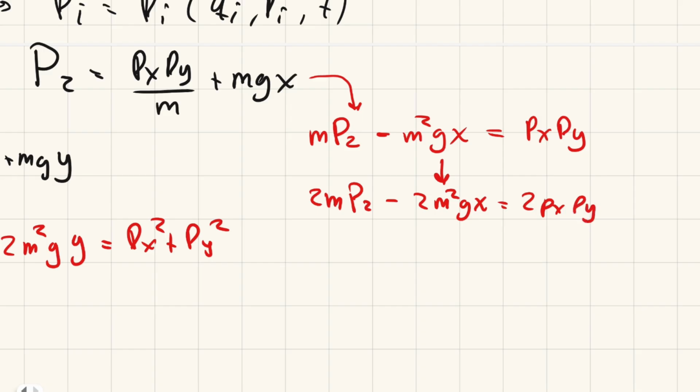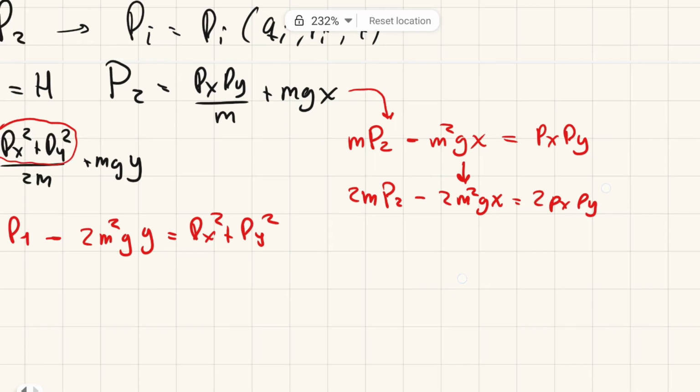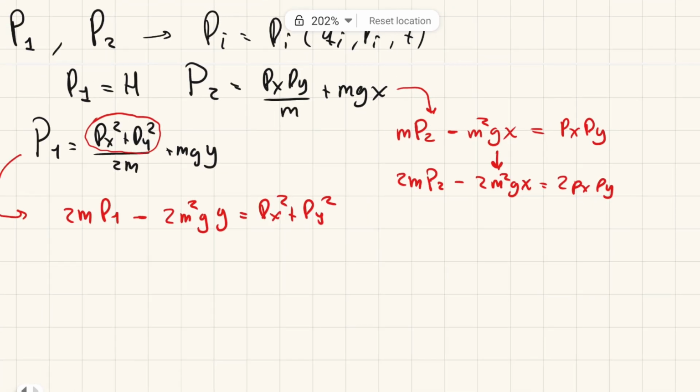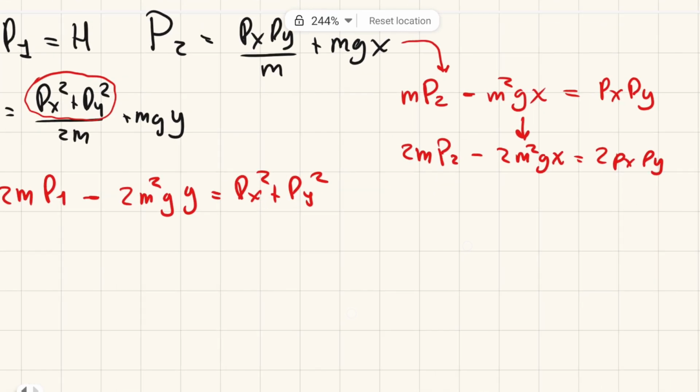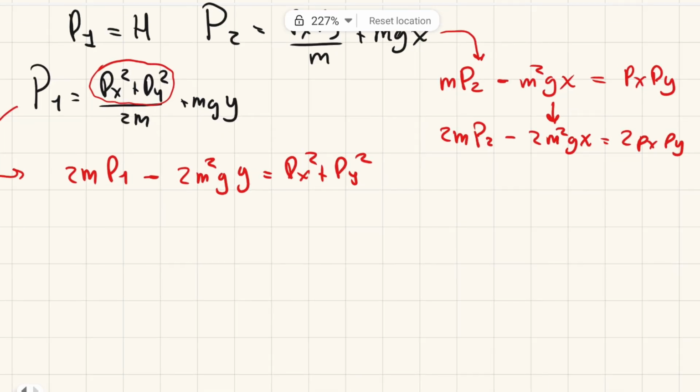I multiplied by 2 because, as you're about to see, we are going to sum these equations and get the perfect square trinomial, right? So what happens if we sum this equation?